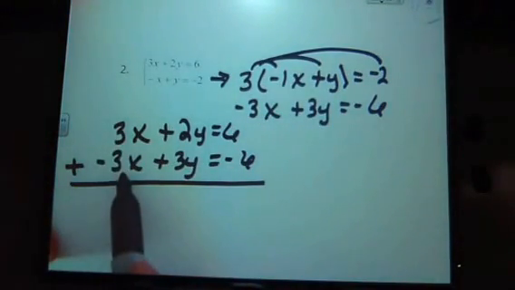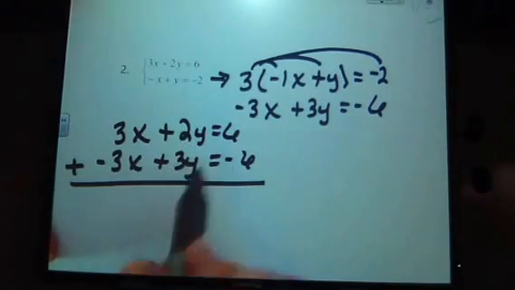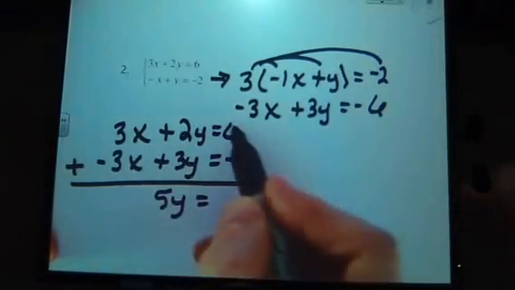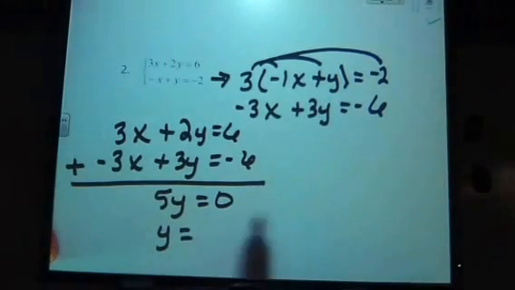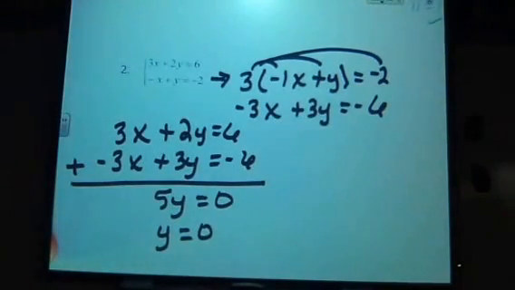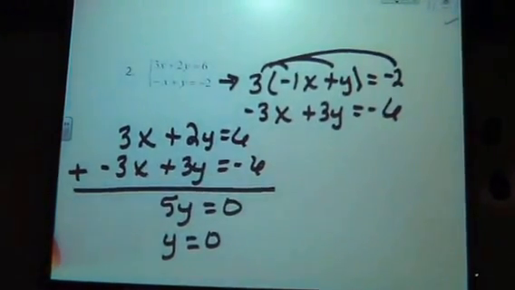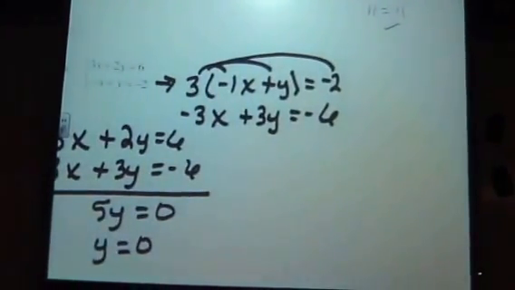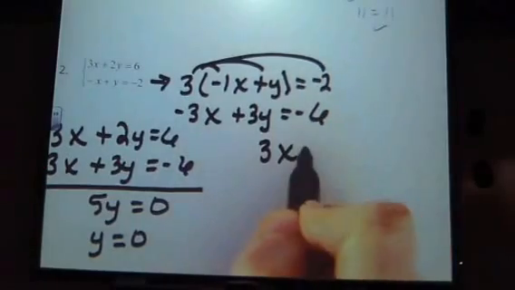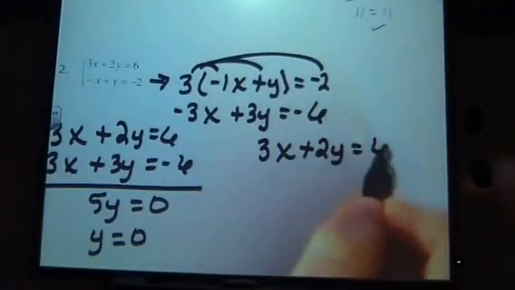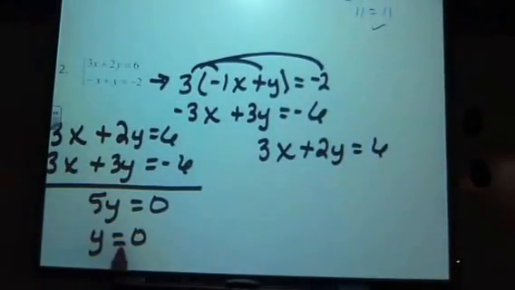These cancel out. 2 plus 3 is 5y. 6 plus negative 6 is 0. So solve this one-step equation, y equals 0. Now to find the x coordinate, pick one of your equations and substitute in 0 for y.